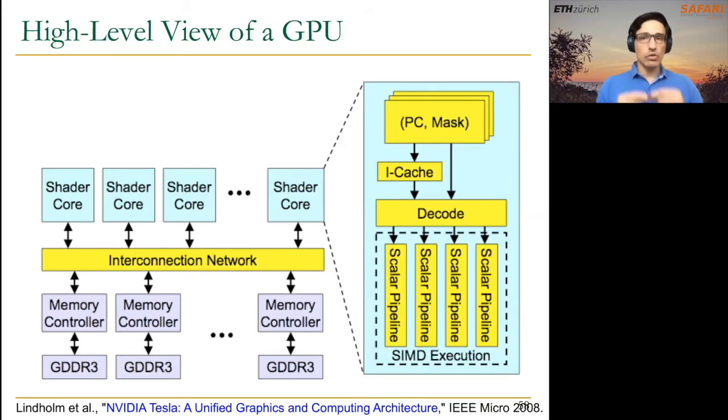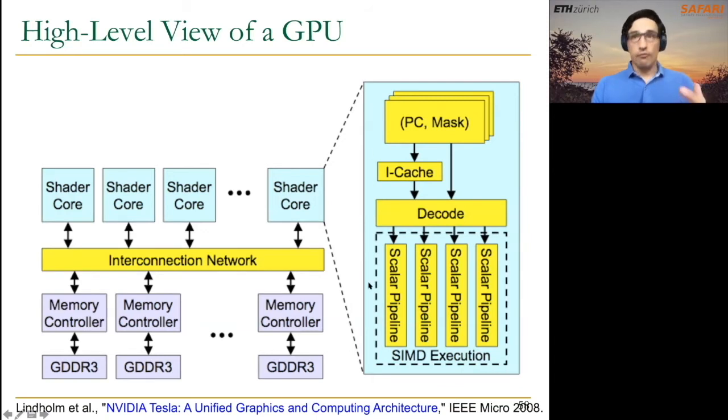And when the scheduler decides to execute an instruction for a particular warp, we will have to go to the instruction cache, read the instruction, decode it, and then issue it onto the SIMD execution that, as you can see, is composed of several of these scalar pipelines that are what we have called SIMD lanes in some previous slides.